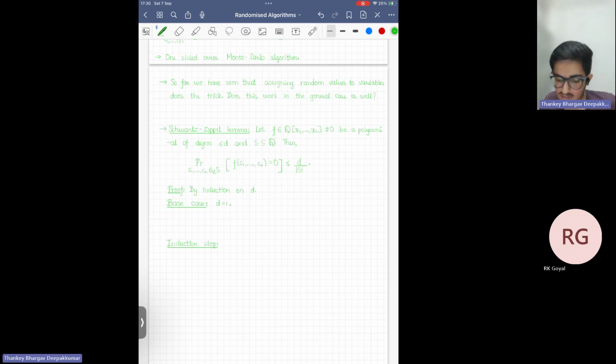Then, when I pick C1 to Cn uniformly at random from S, the probability that f of C1 to Cn is zero is at most d over size of S.